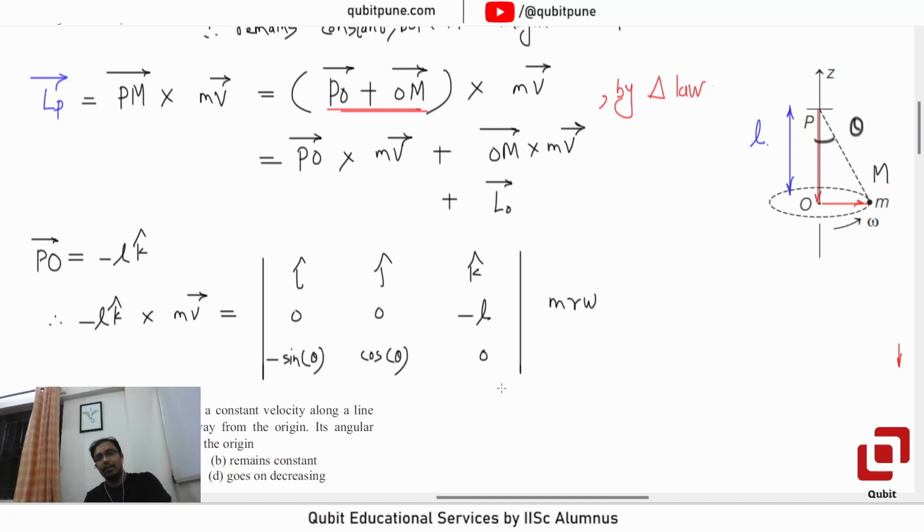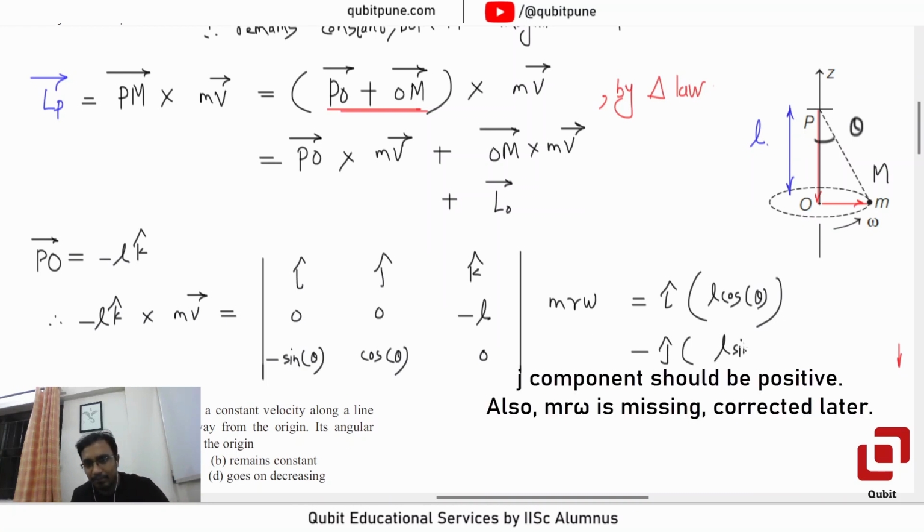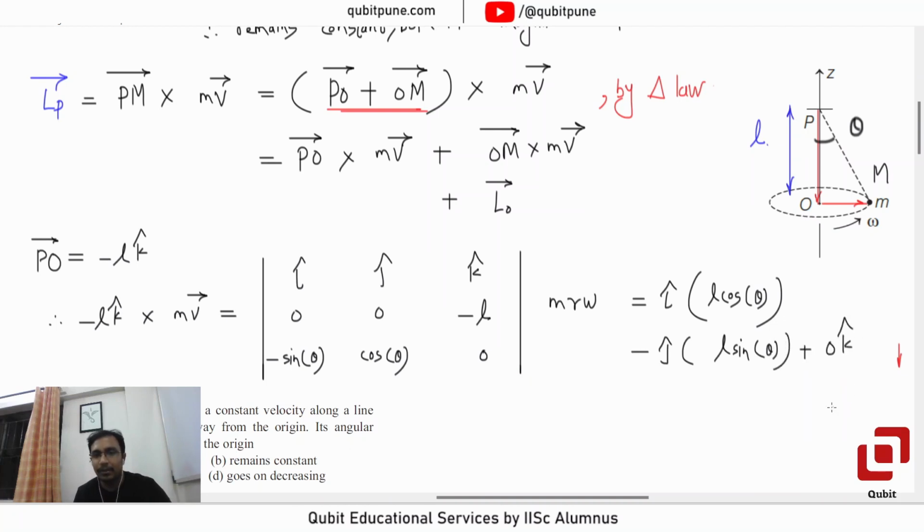Is that clear? So it will be i cap into l cos theta minus j cap into l sin theta plus 0 into k cap.